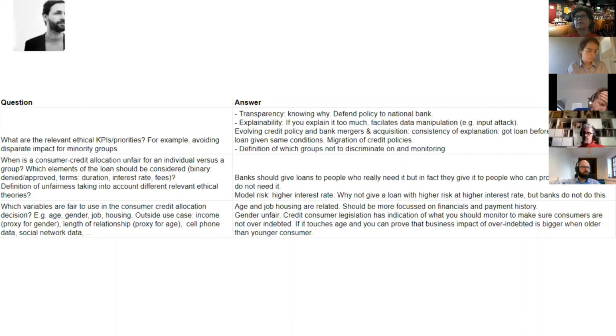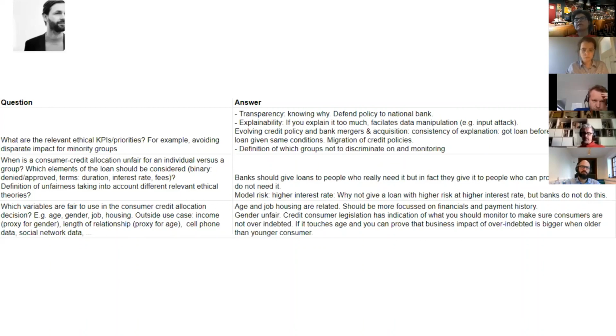Okay, and in general, there's an issue that the consumer credit legislation indicates that you should monitor certain unfairness with regard to groups, and that you should monitor consumers that are potentially over-indebted.